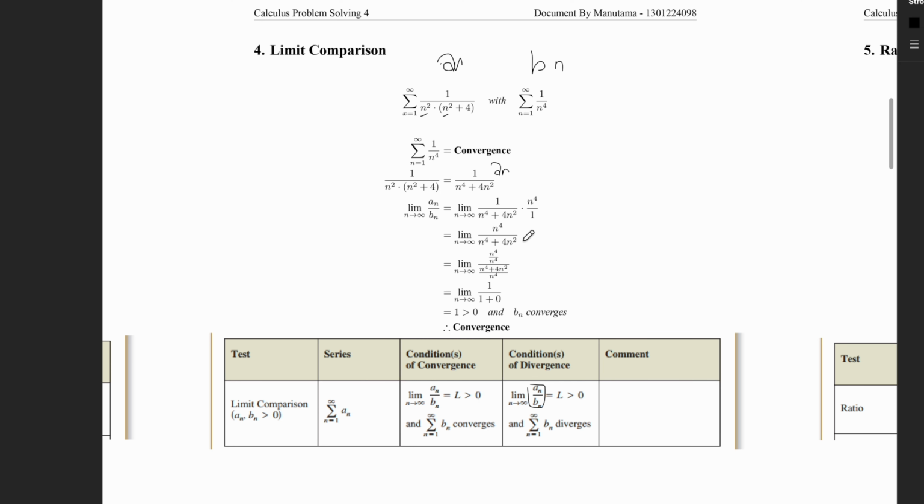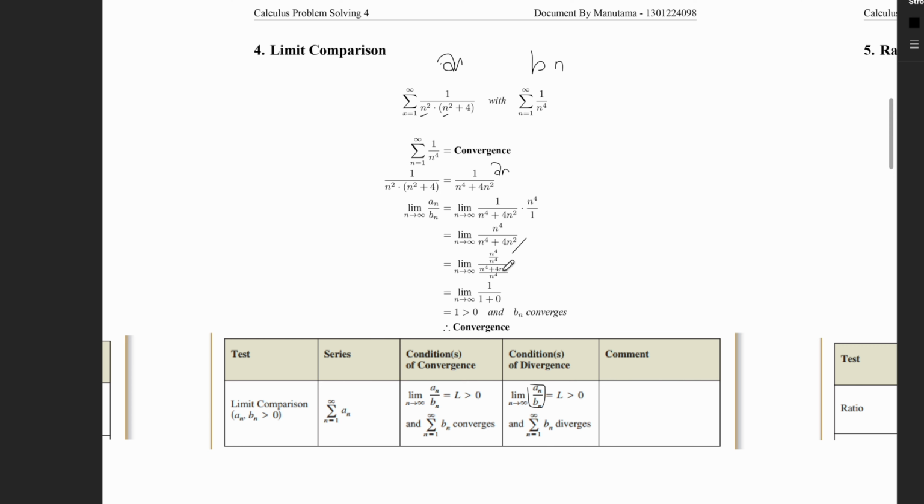We get this equation, and then we divide each value in this function by n^4. For n^4 over n^4 it is 1, and for the other term it is going to be 4 over n squared, because we cancel this and this becomes n squared.